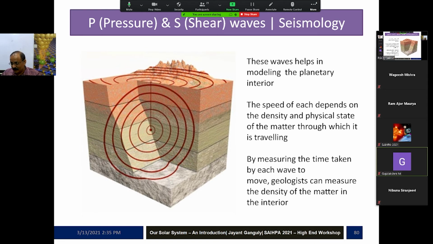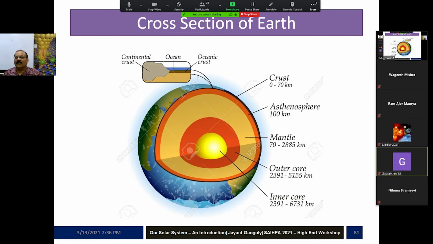If you transmit a wave and observe its reflection, the time difference between the outgoing and incoming waves, and where it is reflected from, gives us an idea about the type and density of the materials underneath, and so an approximate idea about what features are there. This is the way people study the cross section of the Earth.